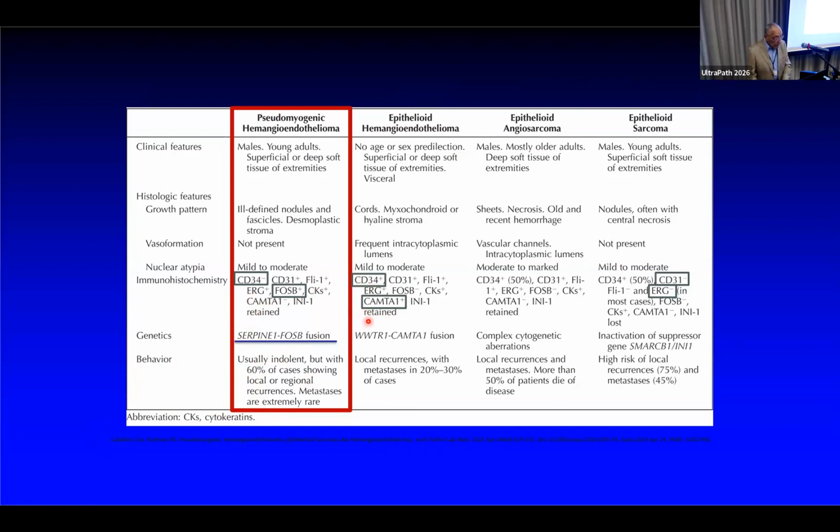And this has CAMTA1 instead of FOSB. The epithelioid angiosarcoma is a malignant tumor and is not positive for these two antibodies. And the epithelioid sarcoma has INI1 loss of expression.